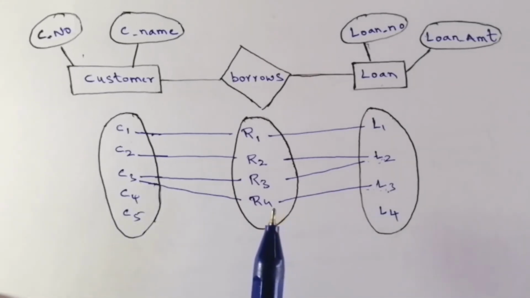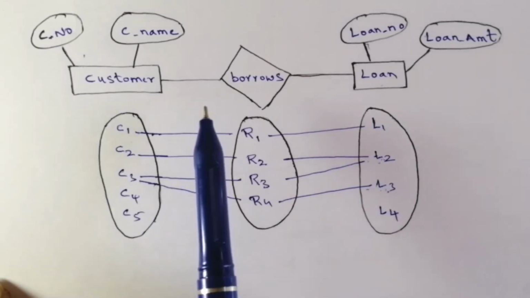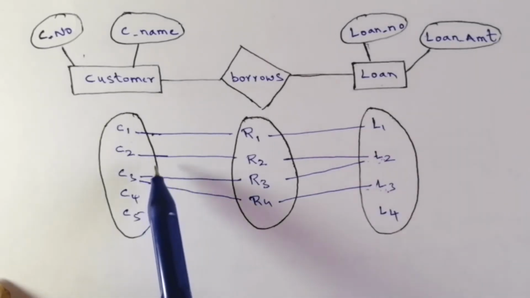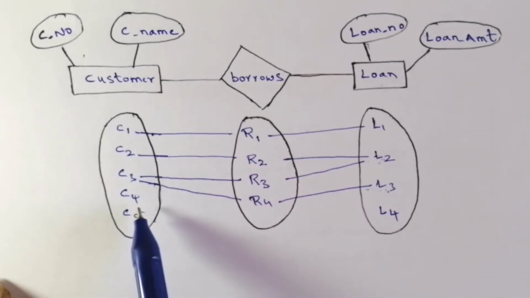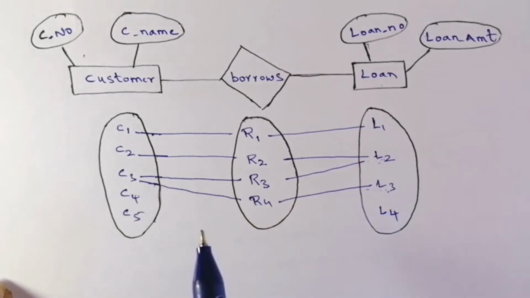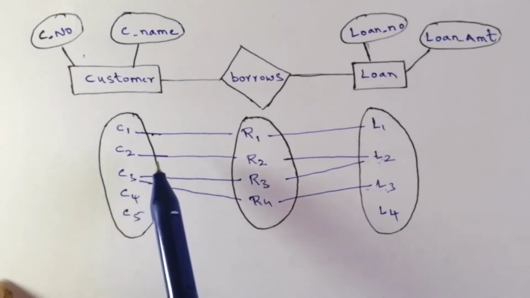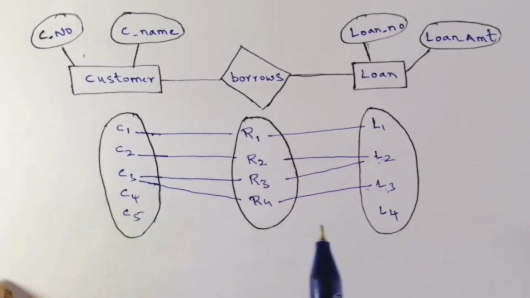Now I will ask you a question. My question is, for a bank, will there be customers without taking a loan, right? So please listen to the question once again. For a bank, is there any possibility of a customer not taking a loan?